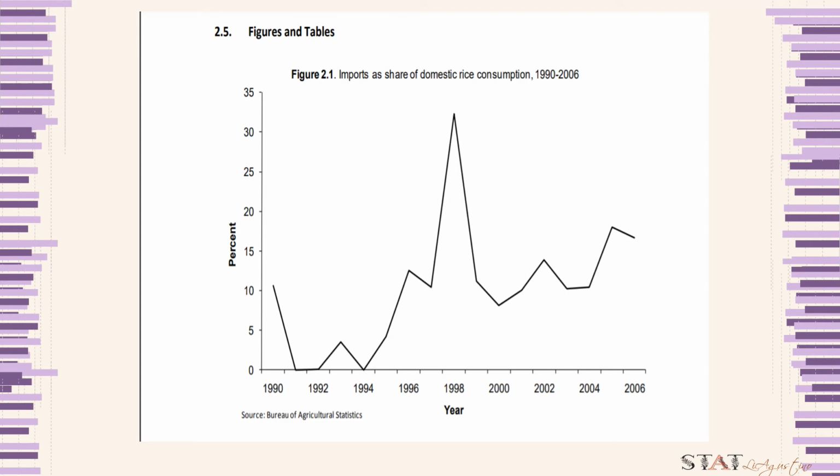So this is one example: imports as share of domestic rice consumption from 1990 to 2006. By just looking at this graph, we can see there are some great changes in 1998. By just looking at the graph, you will be able to comprehend some information or changes, or a trend in this year.